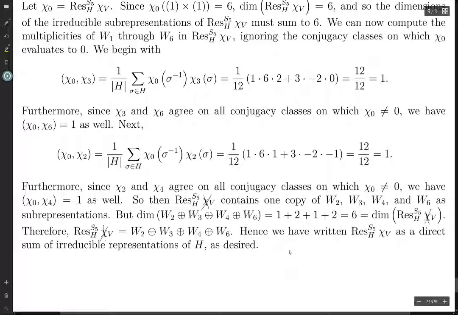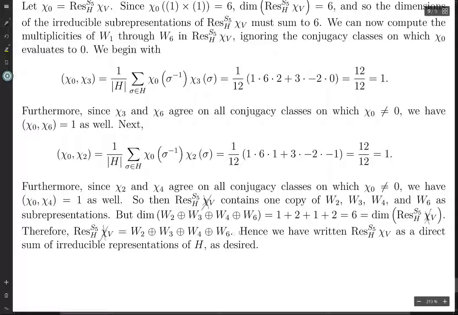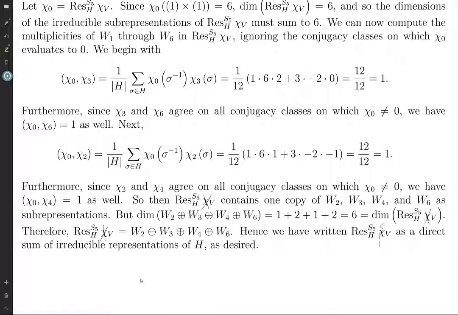I just could have written it more clearly. So anyways, we have this direct sum, and so we've written this restricted representation as a direct sum of irreducible representations of H. And that's exactly what we wanted to do in this problem. And so now we are done with the proof.